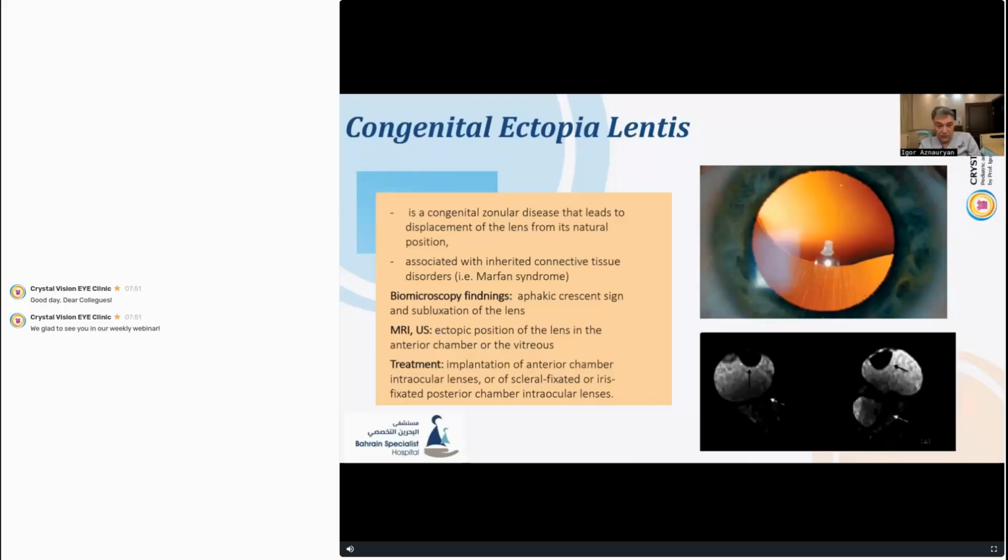Therefore, the surgery must be very delicate and very careful. The same applies to the fixation of the optical part of the lens, so that it is secured in case the surgeon decides to implant it. Well, this is about Marfan syndrome.